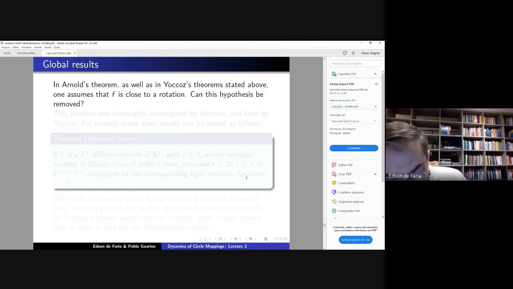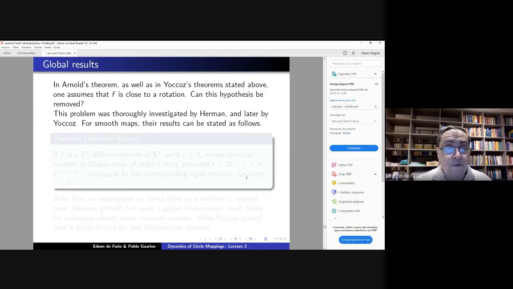So there is an analog of Arnold's local conjugacy theorem for smooth maps, and the question also arose: can we get a global theorem? Can we get rid of this hypothesis that the map has to be close to a rotation? Like I said, this was investigated by Herman and later by Yoccoz.